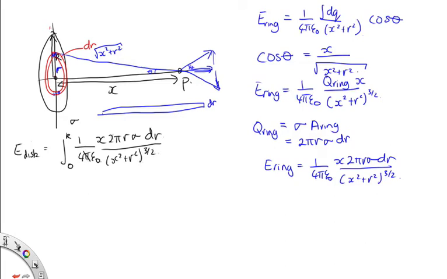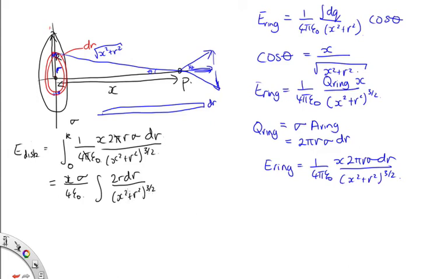Let's cancel off our pi's. Okay, so let's pull everything we can out the front. We've got 1 over 4 epsilon naught. This x is not a function of r. This distance isn't changing as we change r. Sigma is not a function of r. And so now I've got the integral of 2r dr over x squared plus r squared to the 3 over 2.